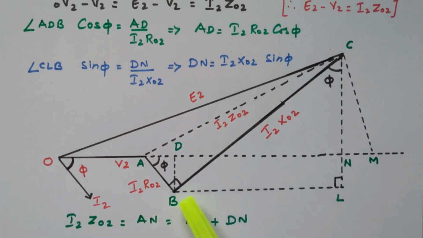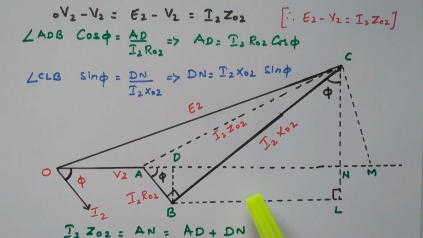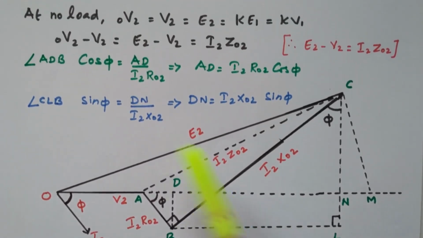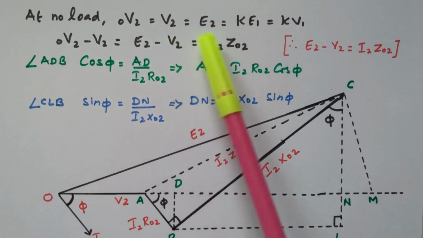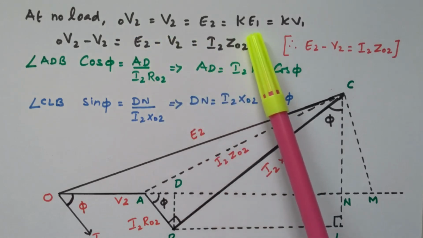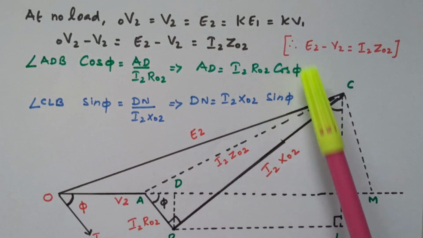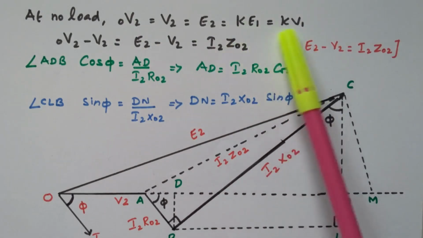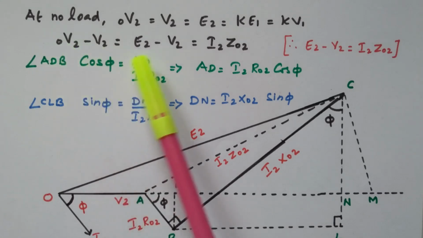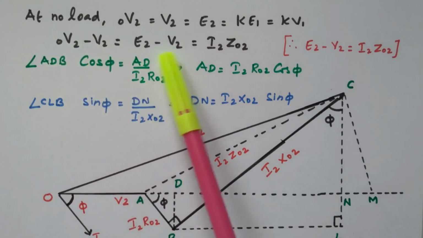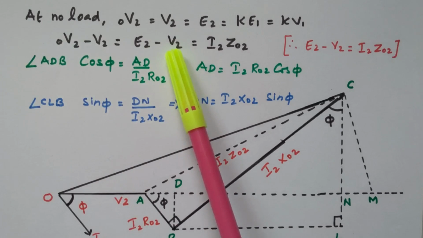Now we need to find the value of this no load minus full load value, right? So at no load, V2 0 equals E2, which equals K into E1 or K into V1, based on the transformation ratio. So V2 0 minus V2 is nothing but E2 minus V2, the difference between E2 and V2.